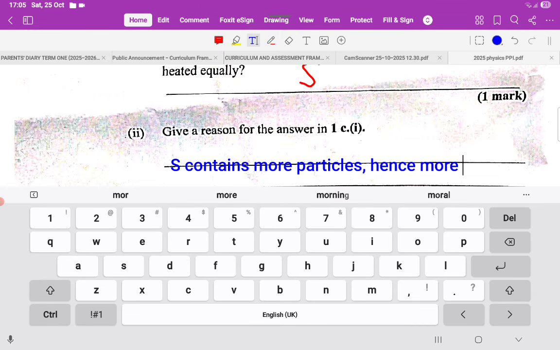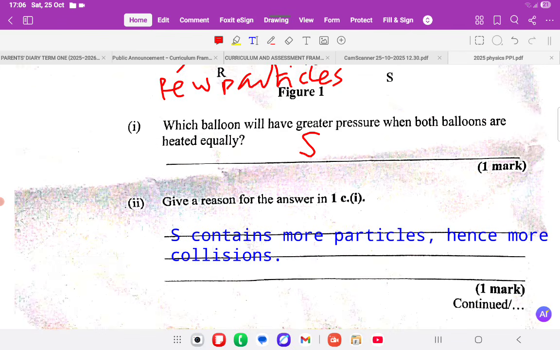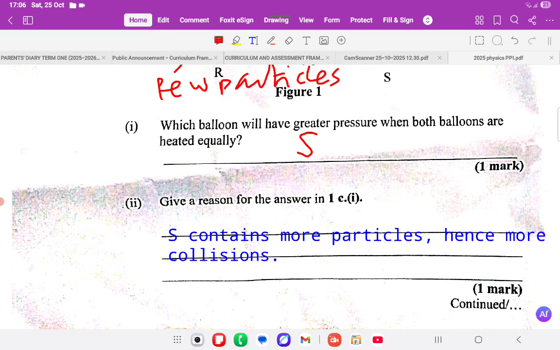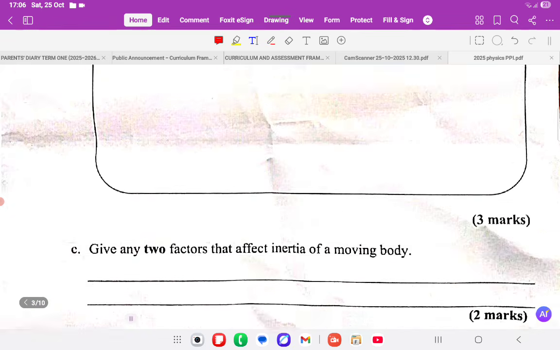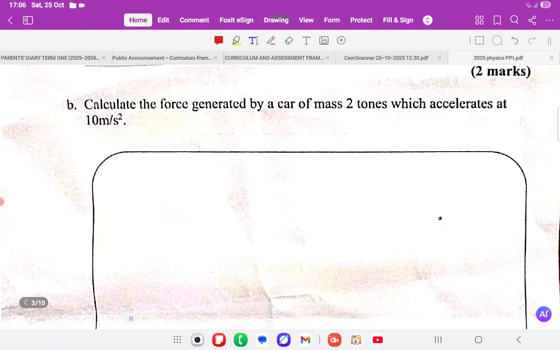We can go as far as that. We don't need to write more than this, because we have already said that it is S which will have greater pressure. The reason is S contains more particles, hence more collisions. That's very, very important.